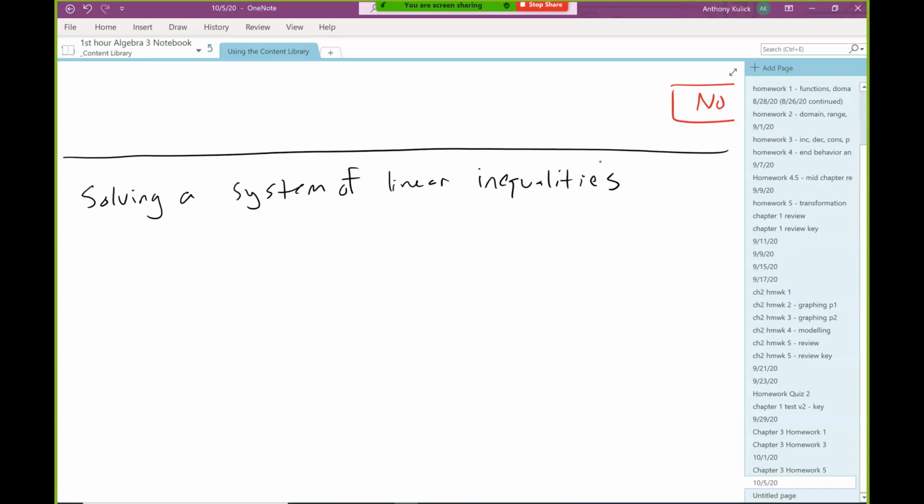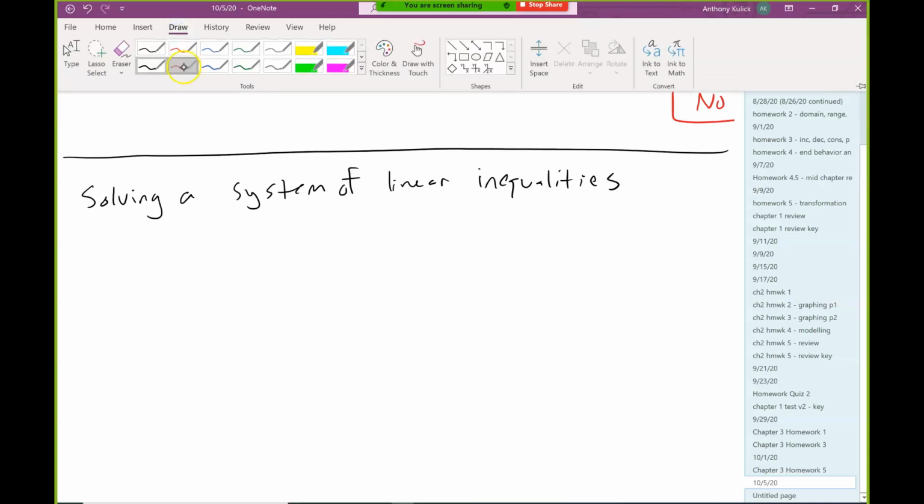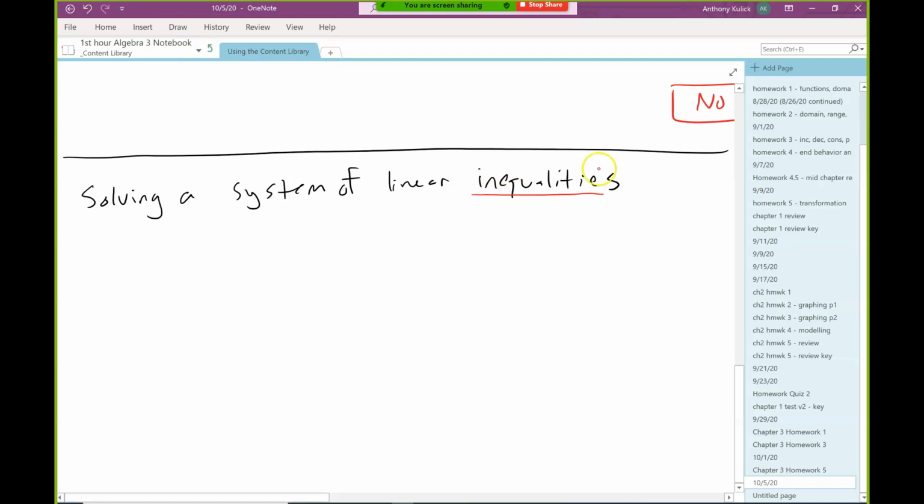So here we're going to talk about solving a system of linear inequalities. So note here that different than what we've been talking about is that we're here focused only on inequalities. So in this case, our system of linear inequalities, our solution is always going to be a picture.